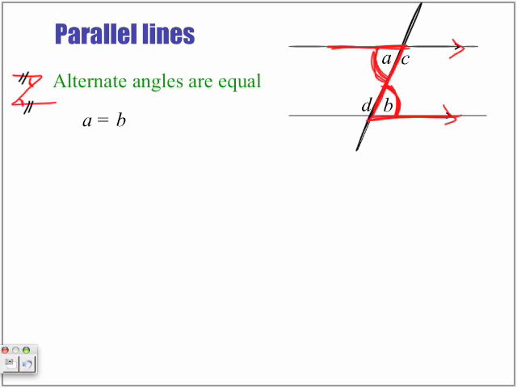And the same rule would apply if we were trying to find another Z. So here we're looking at a backwards Z, which would mean that this angle here would equal that angle.